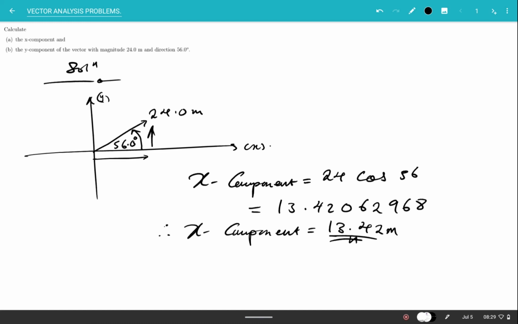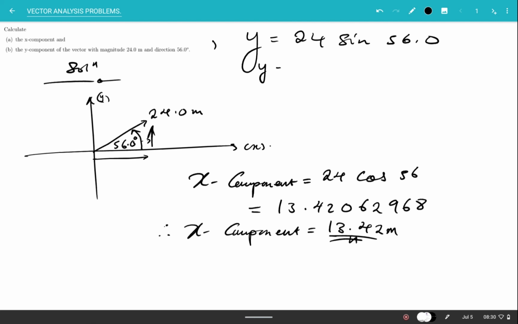Then for our y component, it's the same procedure, but remember that where the angle points is where you have your sine. So about that, the y component will be equal to 24 sine 56.0.